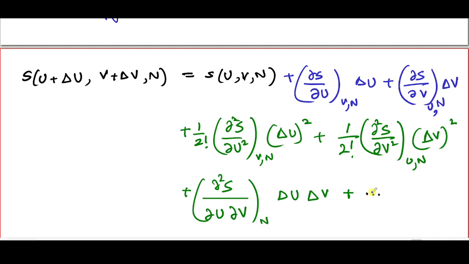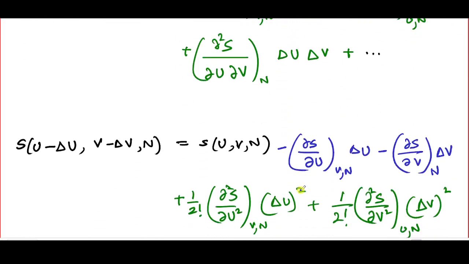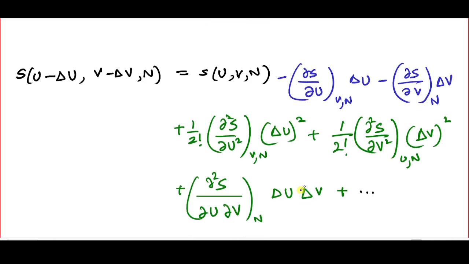Now, what about S at U minus delta U, V minus delta V? Of course, it's exactly the same expression with the signs of delta U and delta V changed, which would only change these two terms. The other terms will not be affected by that. So you are going to end up with this expression. Now, if you were to add these two expressions, you are of course going to get twice S(U, V, N). These terms will cancel and you will get double of this term.